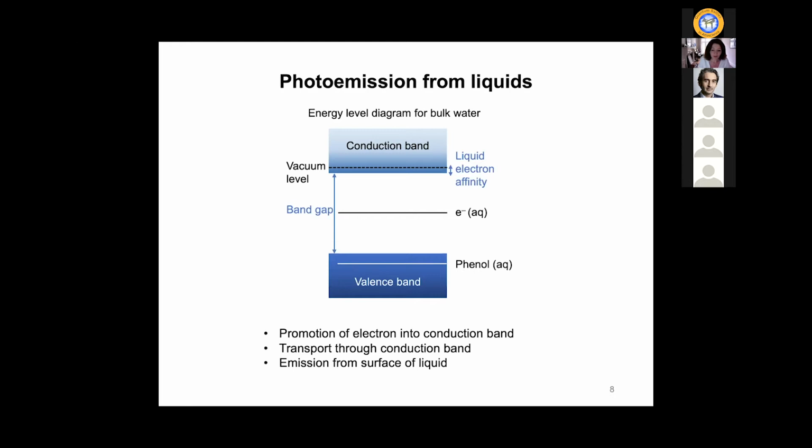So I'll talk about the transport through the liquid in a moment, but in terms of the emission from the surface, the scattering at the surface is determined by the electron kinetic energy itself, and the potential energy difference between the bottom of the conduction band and the vacuum level. So this is very much also dependent on the instrument that's being used, and is quite commonly known in photoelectron spectroscopy.